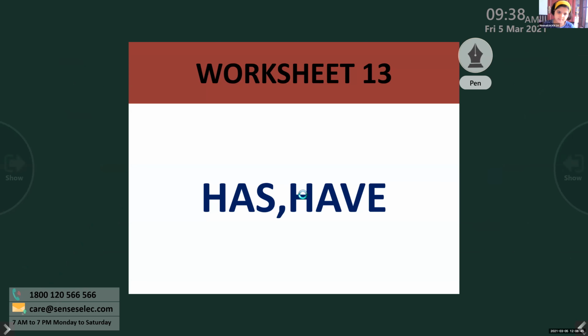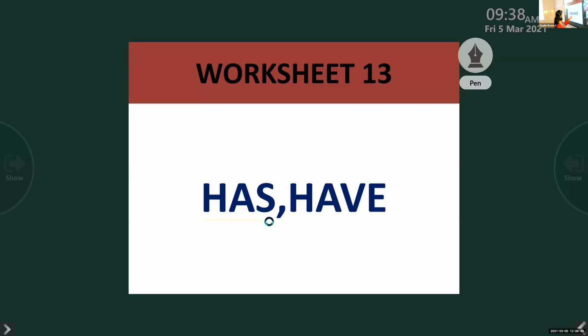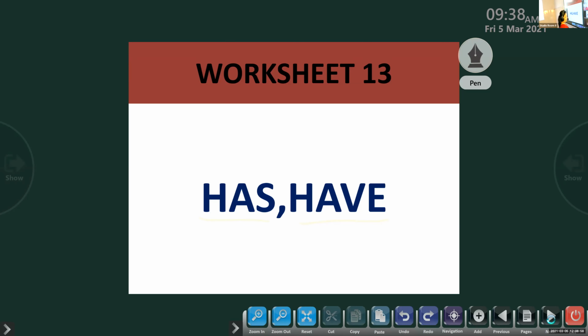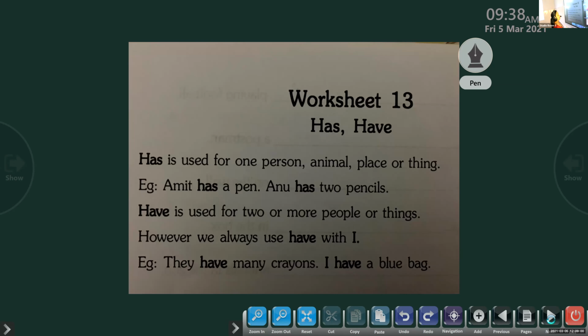Yes, the board is loaded now. Has and have. We will be revising and trying to recollect the usage of these two words now. Now, my dear students, we use has when we speak or write about one person, animal, place or thing.